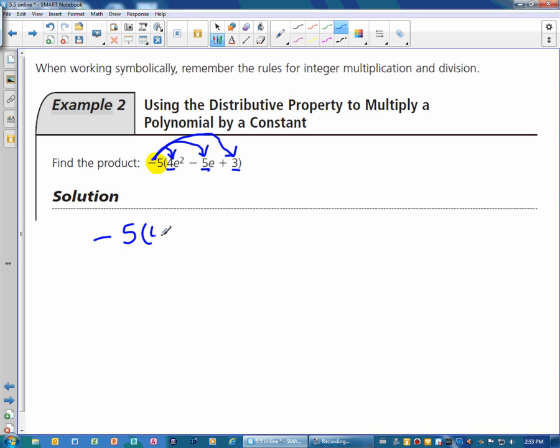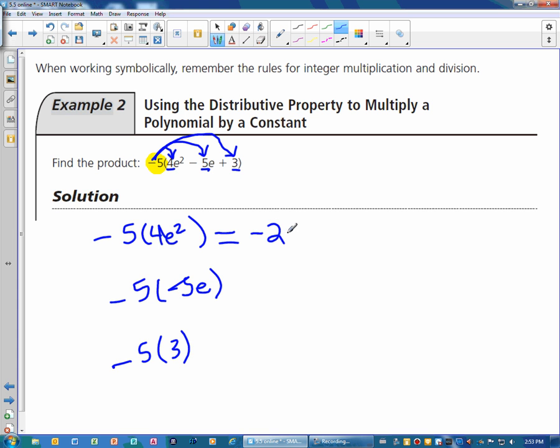We have to have negative 5 times negative 5e. And we have to have negative 5 times that positive 3. Okay, so everything inside needs to be multiplied by negative 5. So negative 5 times 4e squared is negative 20e squared. Negative 5 times negative 5e, negative times negative, positive 25e.